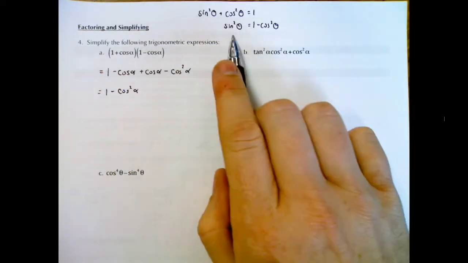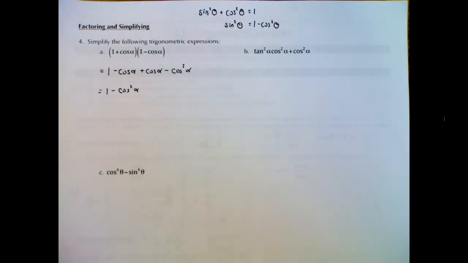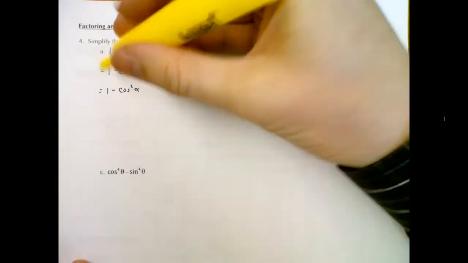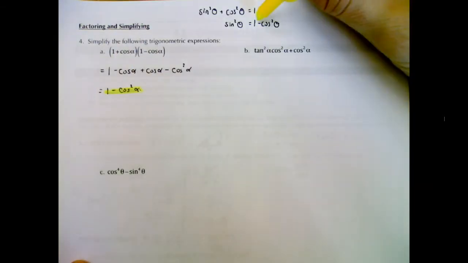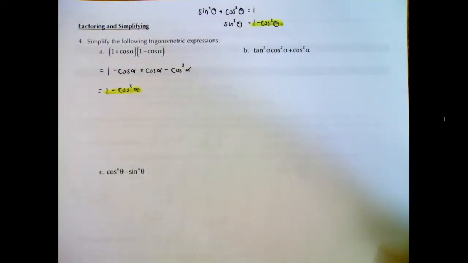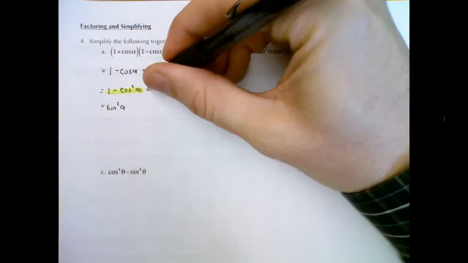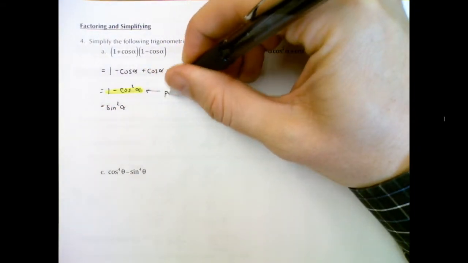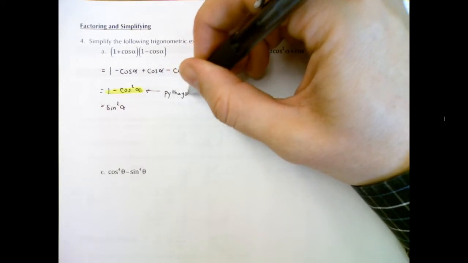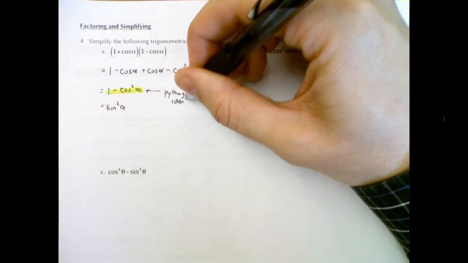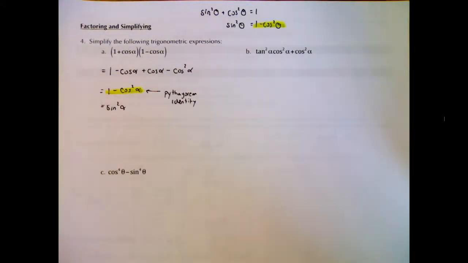This is just a rearranged version of the Pythagorean identity. So we can take this 1 minus cos squared alpha and turn it into sine squared alpha. And that's the Pythagorean identity. 1 plus cos alpha times 1 minus cos alpha, in fact, is just sine squared alpha, which is pretty neat.